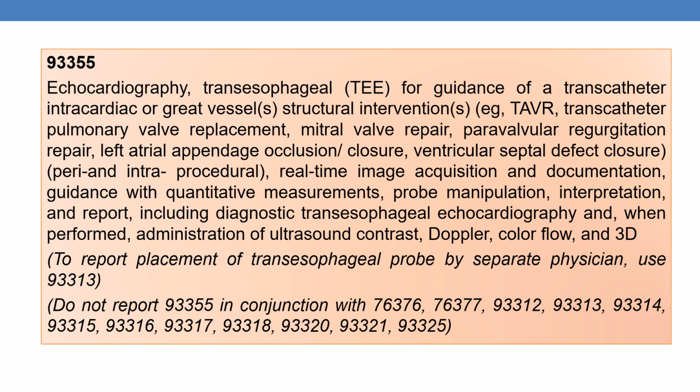The next is 93355. Echocardiography transesophageal TEE for guidance of a transcatheter intracardial or great vessel structural interventions. Example TAVR, transcatheter pulmonary valve replacement, mitral valve repair, paravalvular regurgitation repair, left atrial appendage occlusion or closure, ventricular septal defect closure, peri or intraprocedural, real-time image acquisition and documentation, guidance with qualitative measurement, probe manipulation.